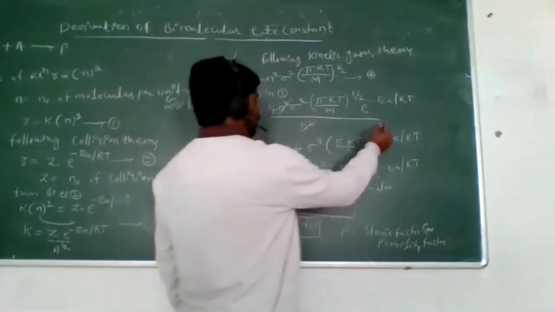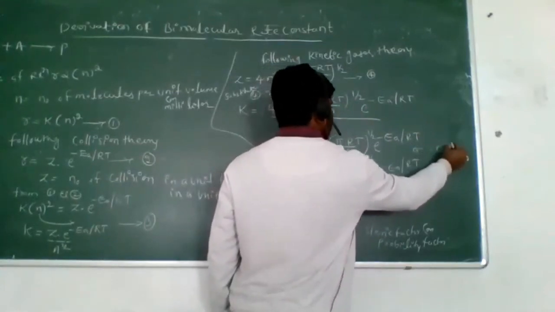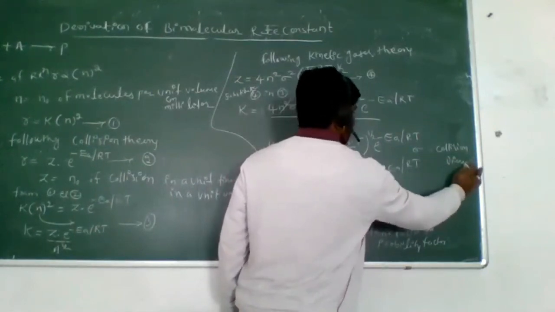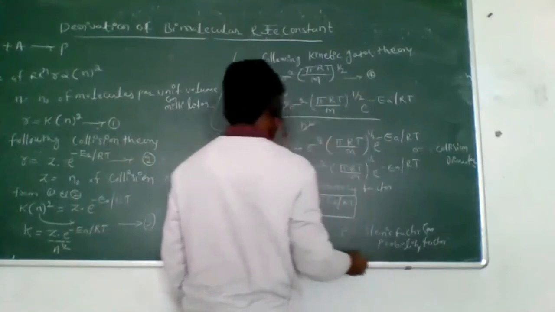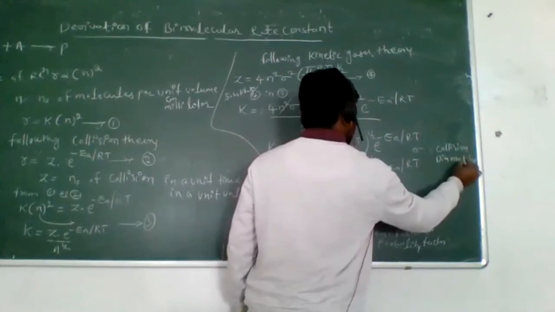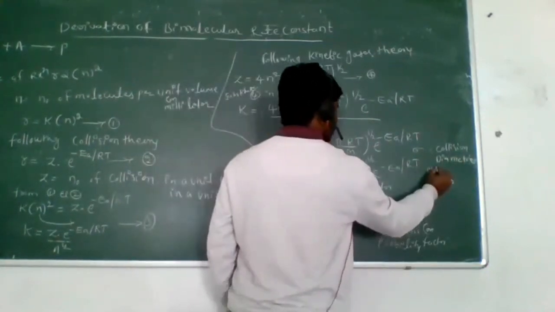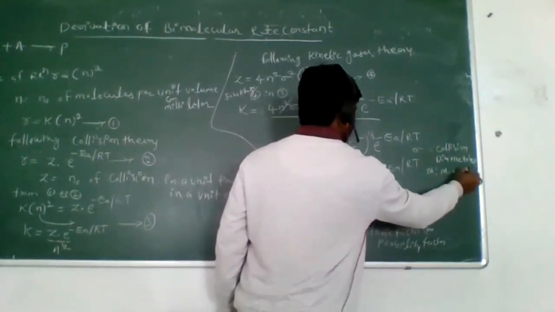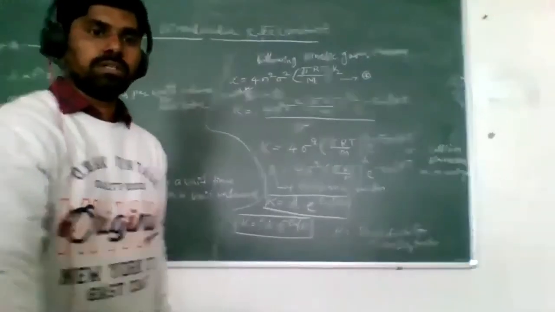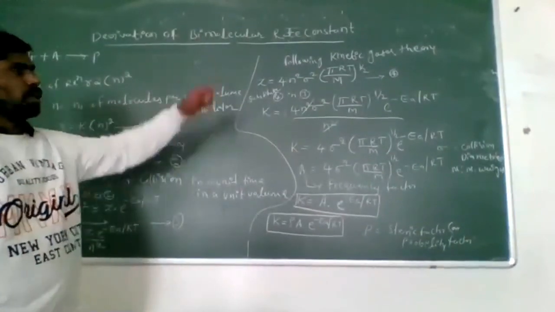Next, sigma is indicating the collision diameter. And next, m is the molecular weight. So this is the derivation of the bimolecular rate constant.